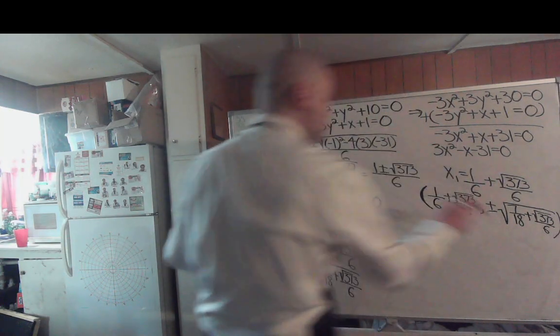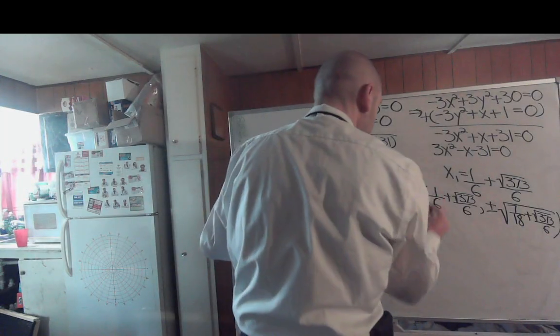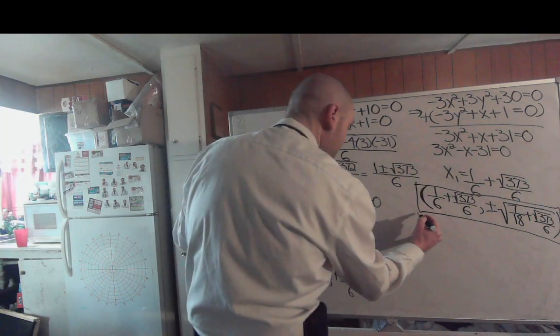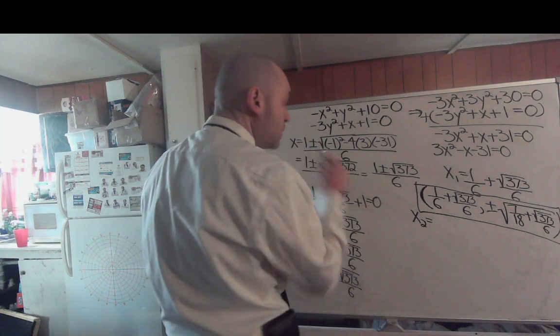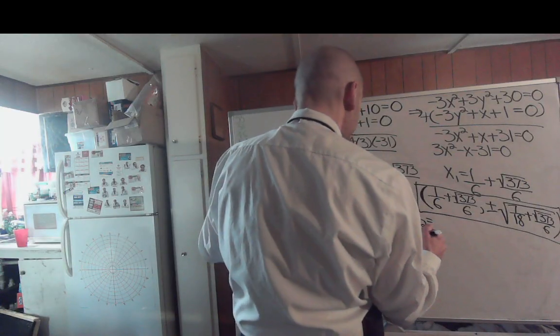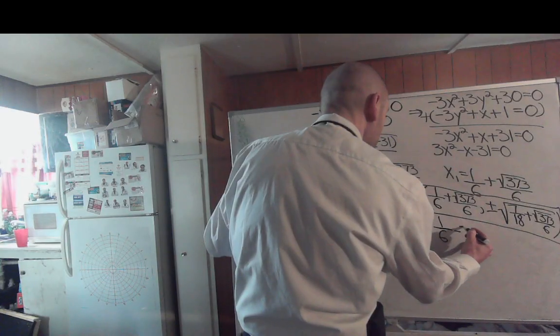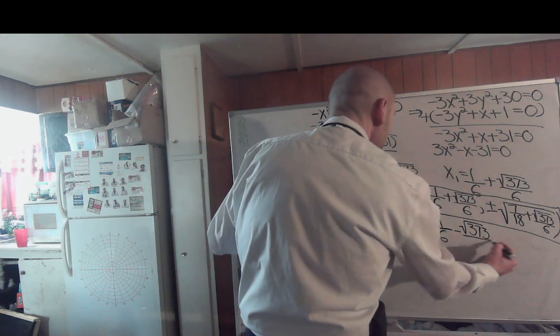So those are 2 points of intersection. Now we need to figure out when the second x here, this time, is equal to 1/6 minus the square root of 373 over 6.